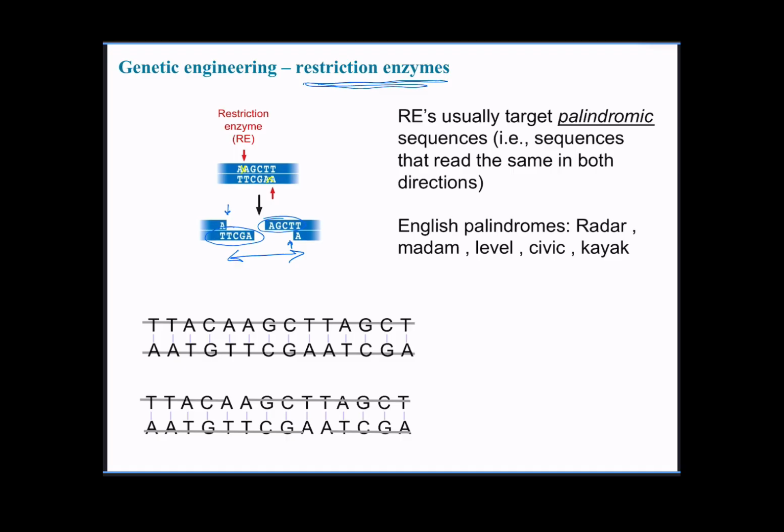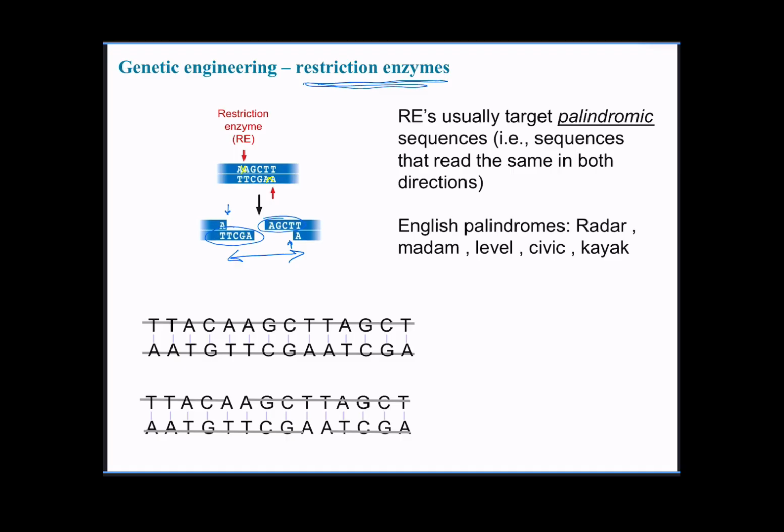It can approach it from either side and it will recognize it and attack it. Right? So the thinking is that there was some evolutionary pressure for selecting for these enzymes that can recognize palindromic sequence, because it didn't matter which direction the enzyme encounters the foreign DNA, it would digest it anyway.